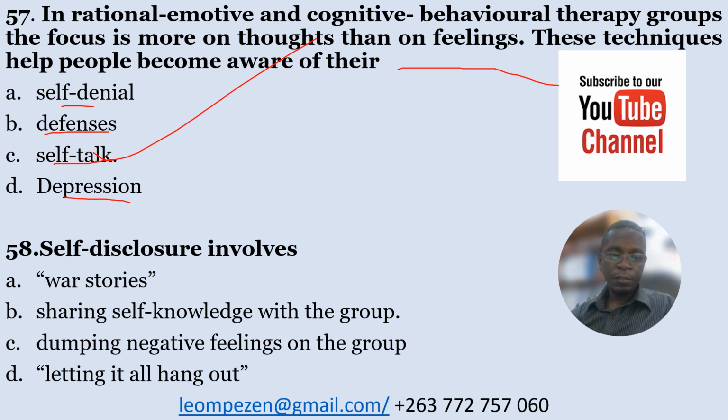Self-disclosure involves A, war stories, B, sharing self-knowledge within the group, C, dumping negative feelings to the group, D, letting it all hang out. The correct answer here is sharing self-knowledge with the rest of the group members.